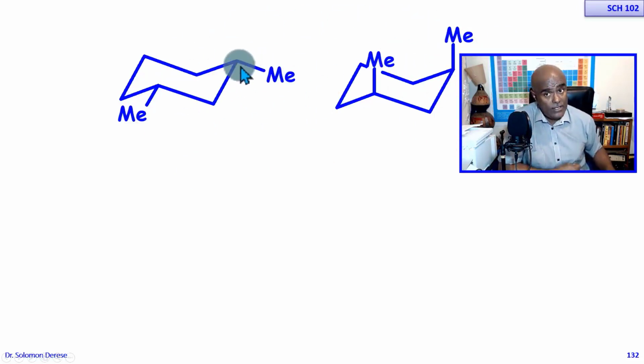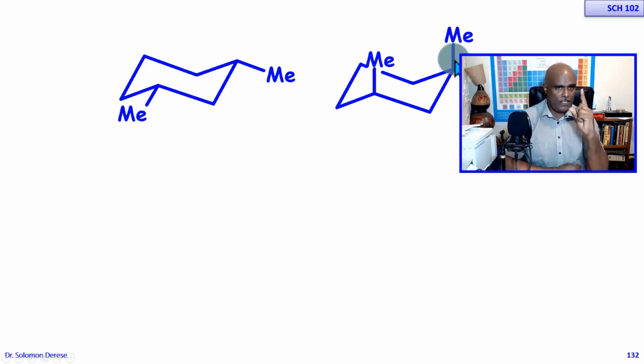This one is pointing at an angle down. This is equatorial. This one is also pointing down at a certain angle, equatorial. And then these ones are facing up. Since they are facing straight up, they are axial.